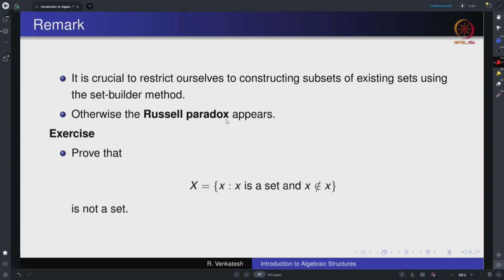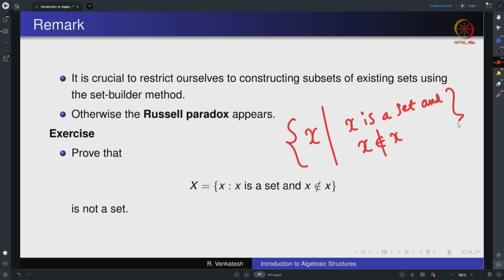You collect the set of all sets x such that x is a set and x does not belong to x. One can actually collect such a set.